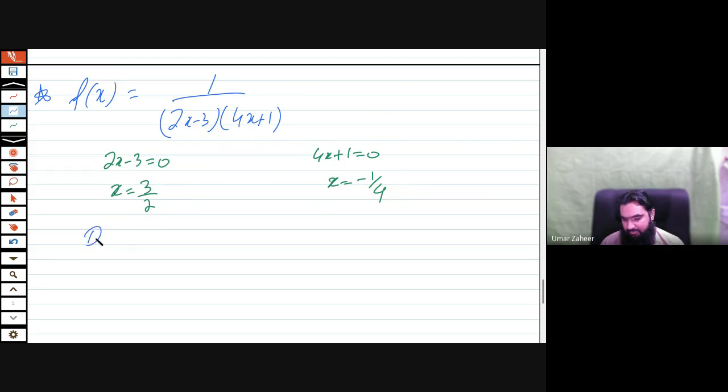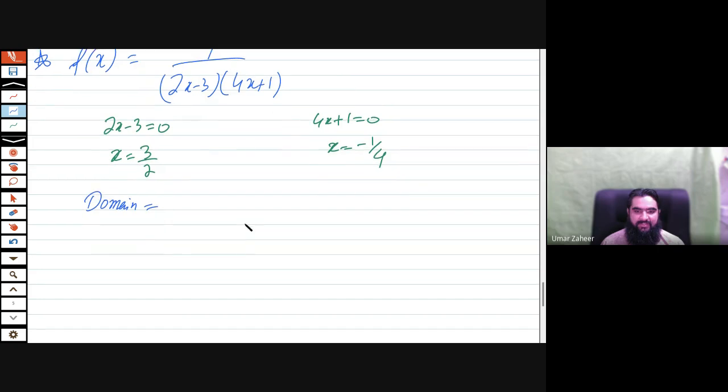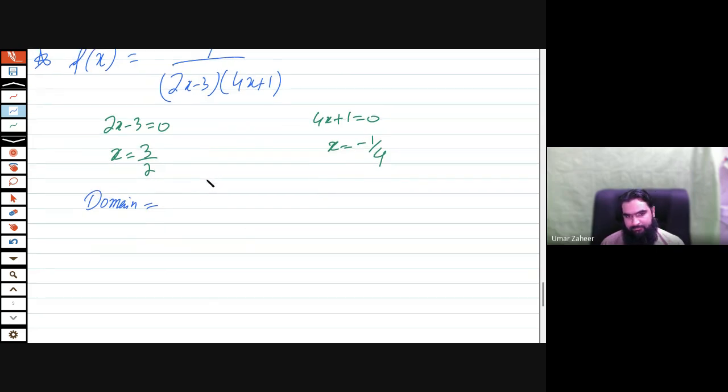So if we are going to be talking about the domain, the domain is all real numbers except 3 by 2 and minus 1 by 4.